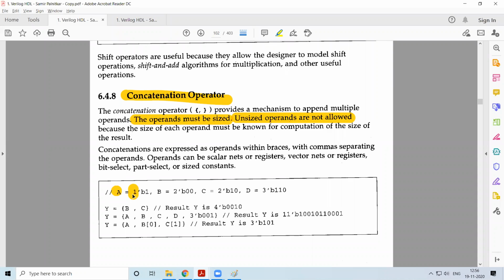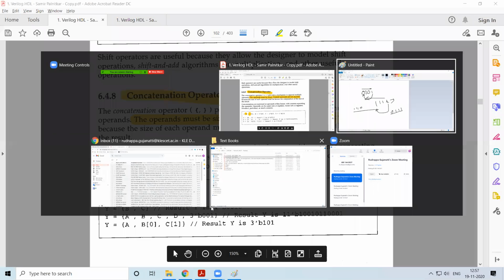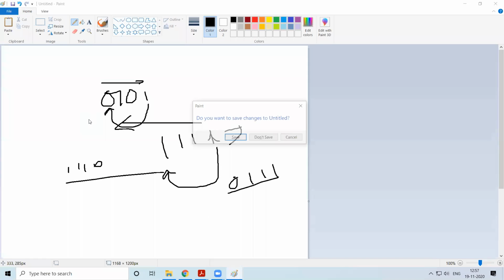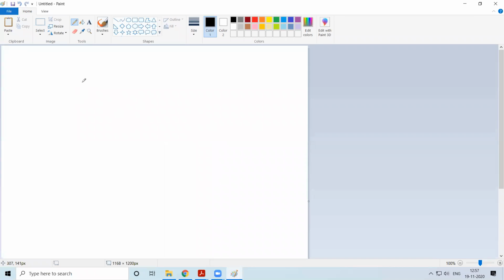The 1 specifies that this is a 1-bit number, it is binary and the value is 1. If I don't specify the size, but I specify only the base, say binary or hexadecimal, those are termed unsized numbers. So for example, here we specified 2 bits, binary, and it is 0 0.